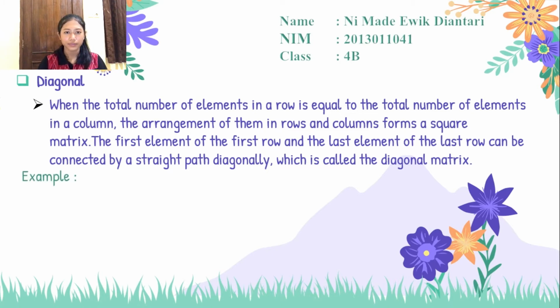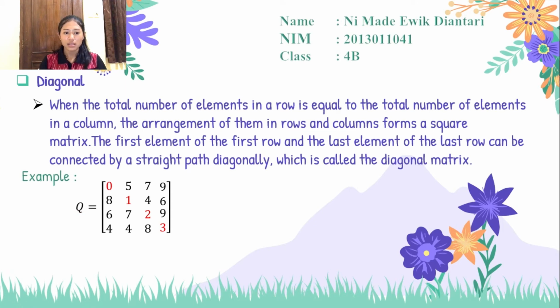Example: let Q be a square matrix of order 4. There are 16 elements in this 4 by 4 square matrix. The 16 elements are arranged in 4 rows and 4 columns.